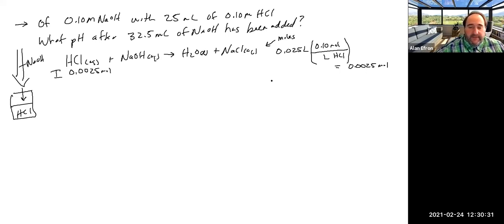We also would do the same thing for our sodium hydroxide, which in this case means converting our 32.5 milliliters into liters and multiplying by its molarity, which is also 0.1 moles per liter.